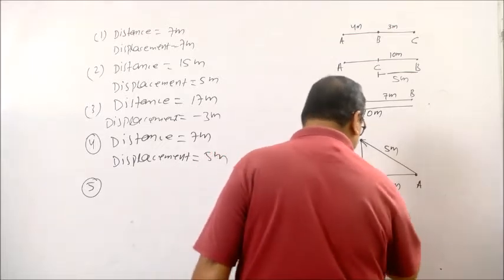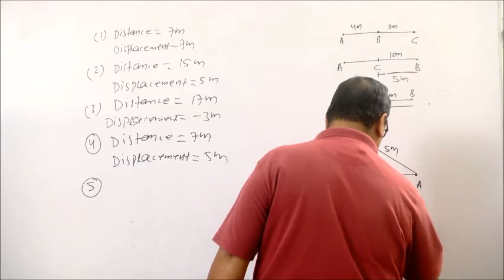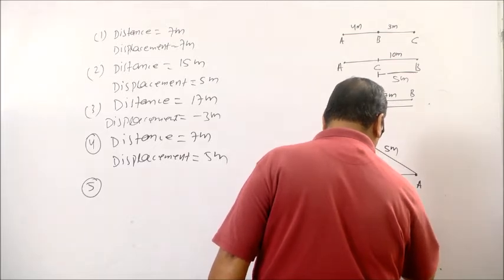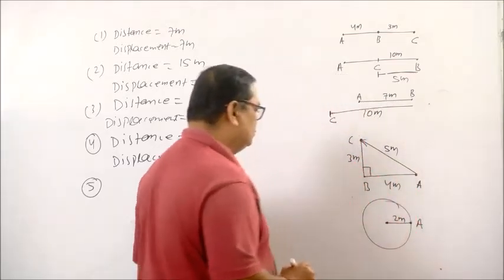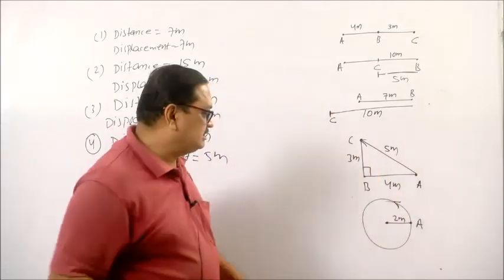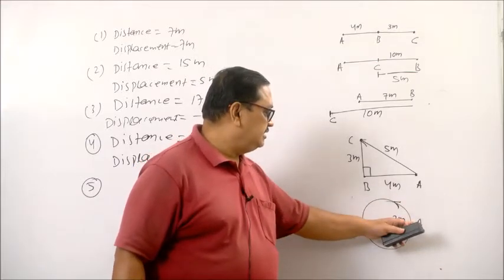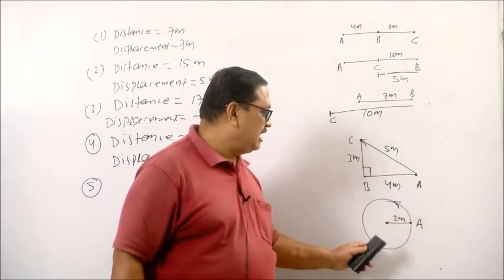In example 5, suppose a body is moving in a circular path in the anti-clockwise direction. It is starting from A and making one complete cycle.